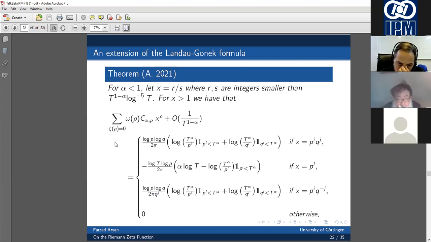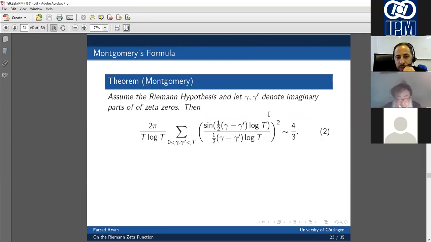As you can see, I have x equal to 1 for this. It turns out that x equal to 1 was a famous formula of Montgomery.